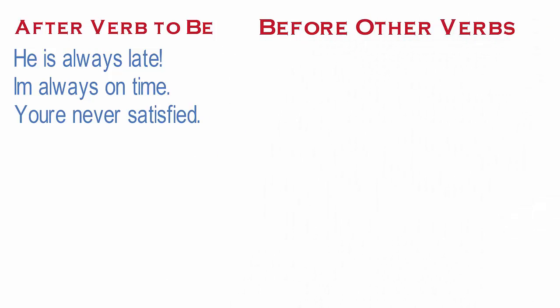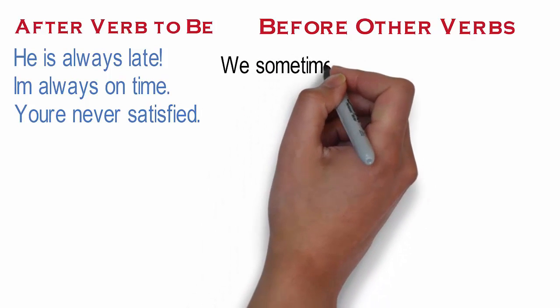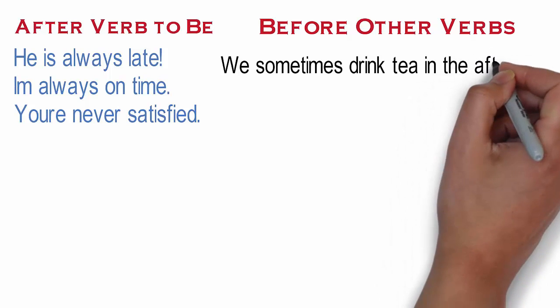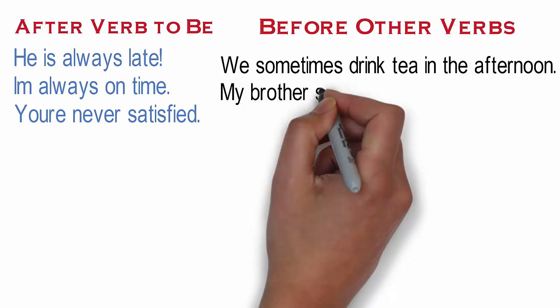With other verbs, if the verb of the sentence is not verb to be, it's easy. For example, we sometimes drink tea in the afternoon. My brother seldom smokes.